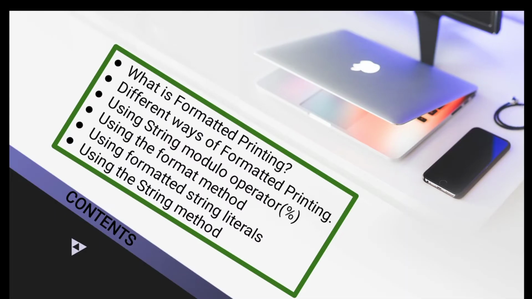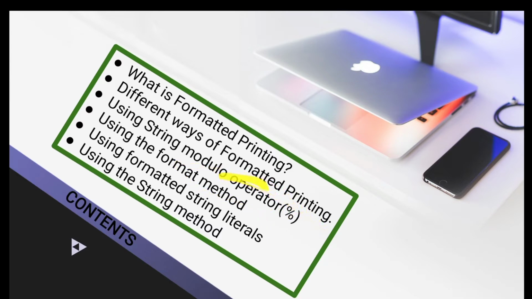See, in this whole concept video, I am going to discuss the contents of the whole PPT: what is formatted printing, and different ways of formatted printing. These are the different ways of formatting a string.